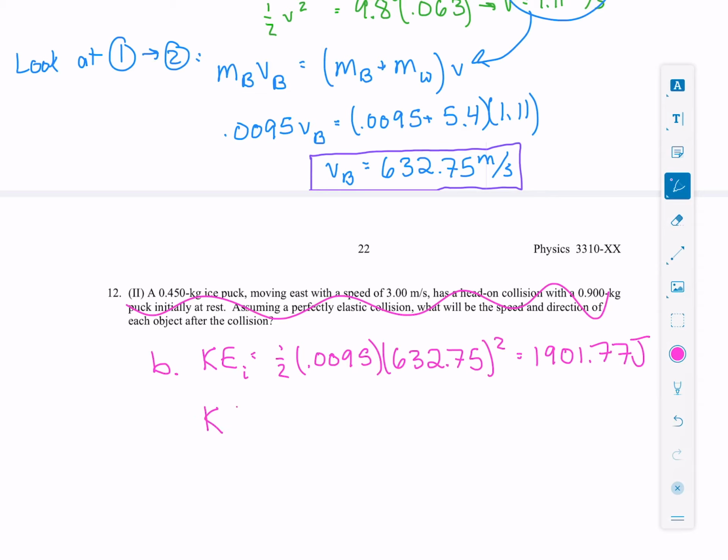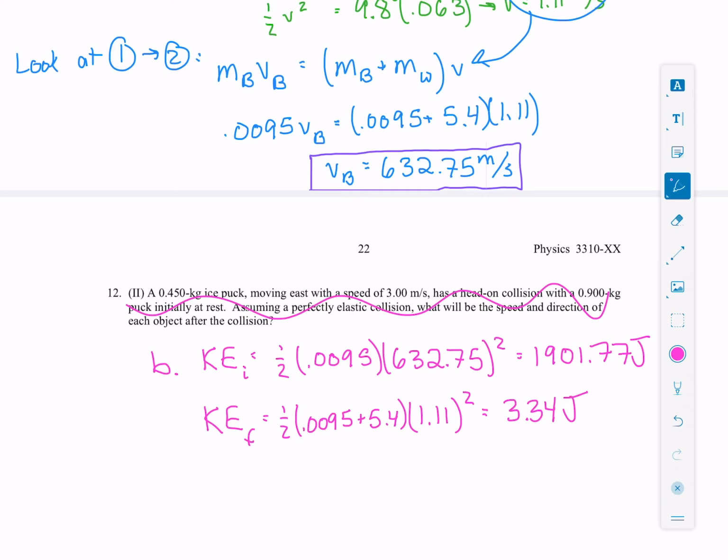The final kinetic energy after the collision is going to be 1/2 the total combined mass of the bullet and the block, so 0.0095 plus 5.4, times the speed that it's traveling, which was 1.11 squared. That's going to equal 3.34 joules.